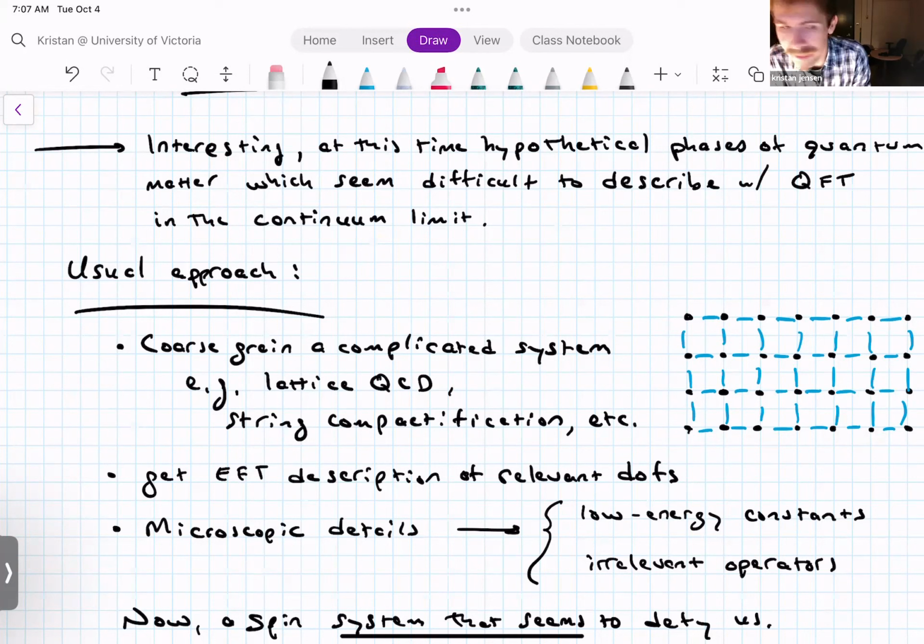It's difficult to organize, but physics simplifies in the infrared, where only a finite number of degrees of freedom are relevant, and we can write down an effective field theory description where all of the microscopic details, how many fields you have, how many Kähler moduli you have, and so on, get absorbed into a set of low energy constants, the coupling constants for those relevant degrees of freedom, consistent with symmetries of the problem. And there's a series of irrelevant operators whose scaling you understand and which decouple appropriately from infrared physics. That's what usually happens.